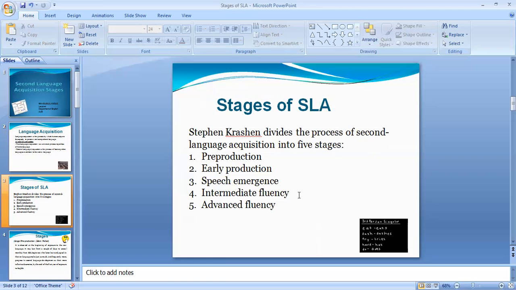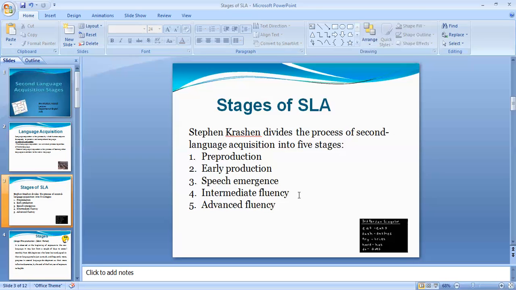That means the length of time may vary, but they follow some stages, step by step. Theories of SLA show predictable and sequential stages of second language acquisition or development.